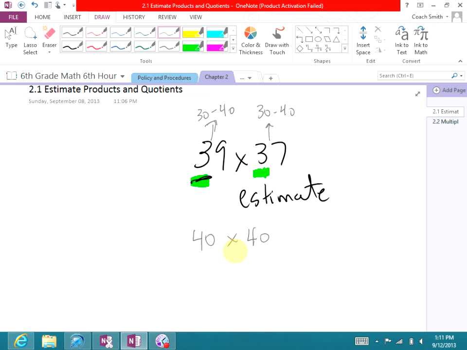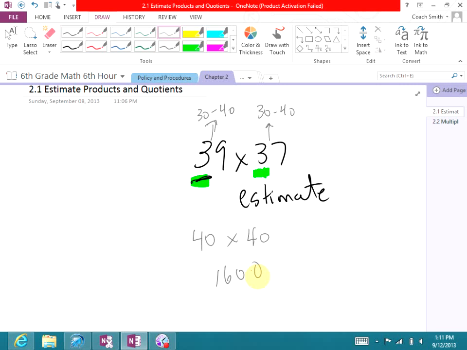There you go, 1,600. Basically, when I have 40 times 40, you just simply multiply 4 times 4 and put 2 zeros after it. So that's what we're talking about when we're talking about estimation.